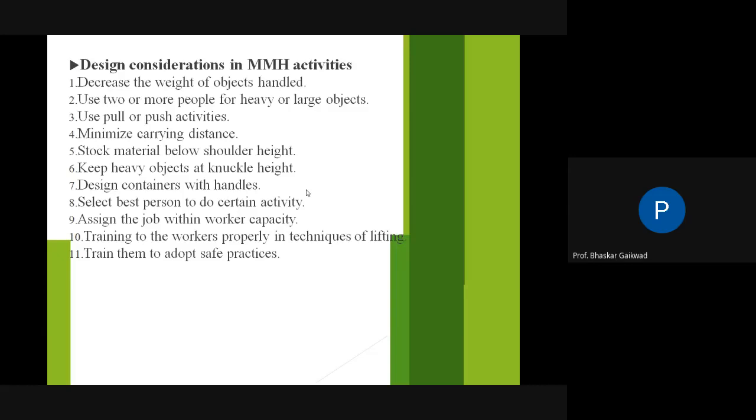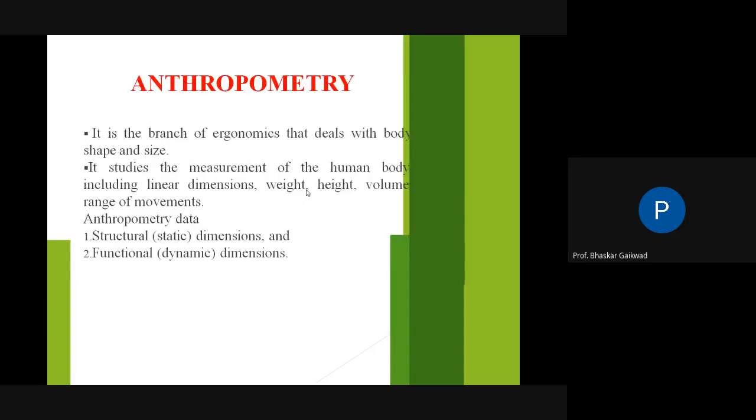We can give certain training, maybe visual display or actual training. Train them to adopt safety practices, meaning while lifting any job, they need to take care that an accident does not happen. So you have to consider these points while designing material handling systems by man.